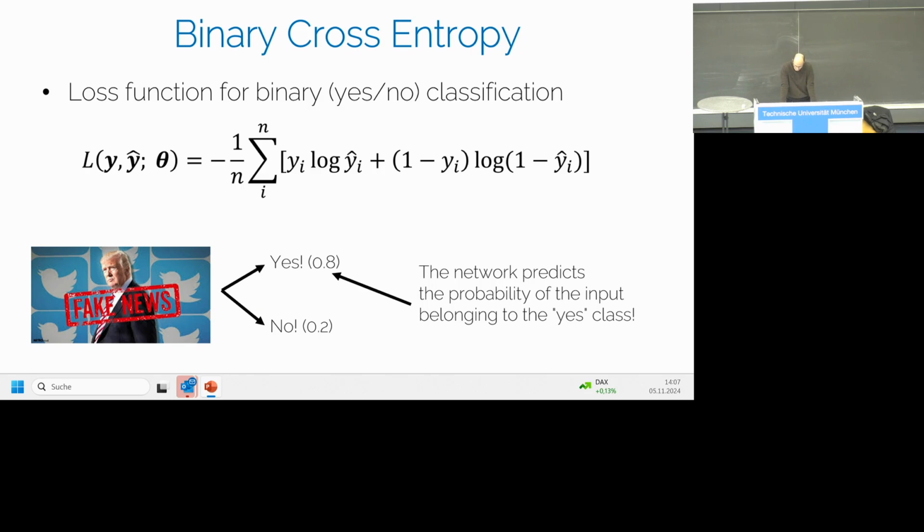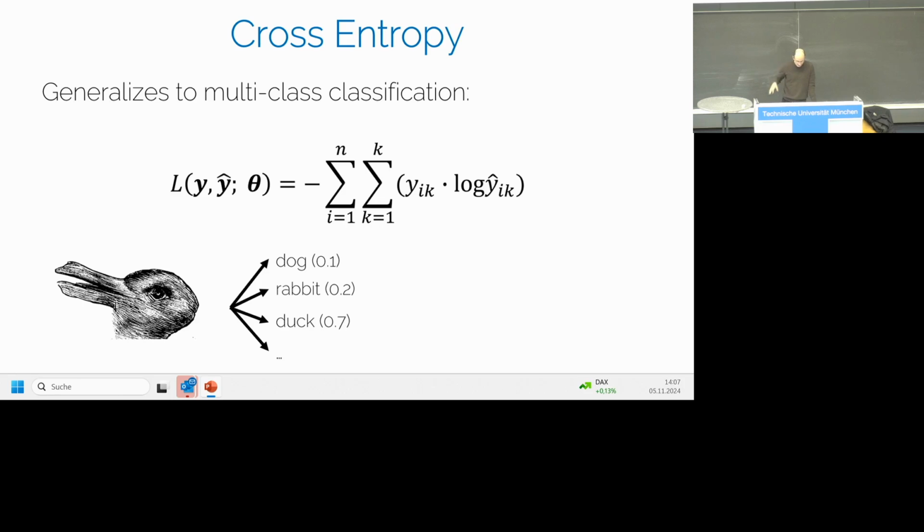And I don't think we've discussed how we can generalize this to multiple classes, if we have more than yes or no, more than cat or dog. If we have 20 different animals, let's say, and we want to say what's the probability that this is a dog, or a rabbit, or a duck, or whatever, then you have a multi-class classification.